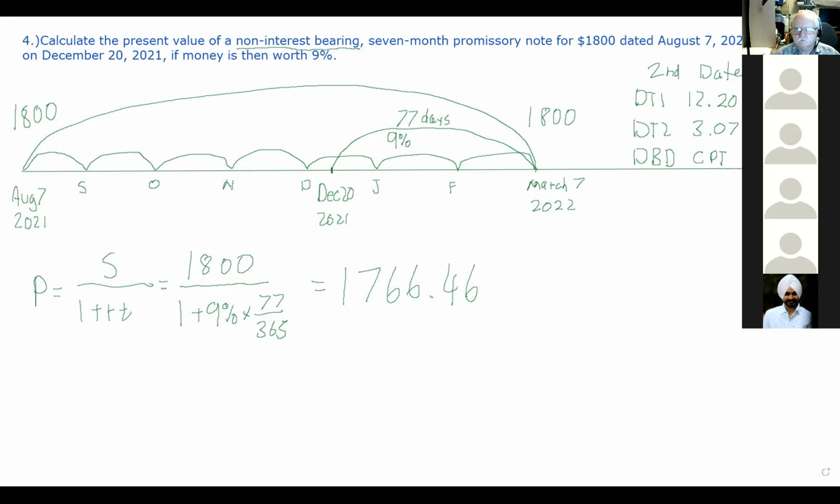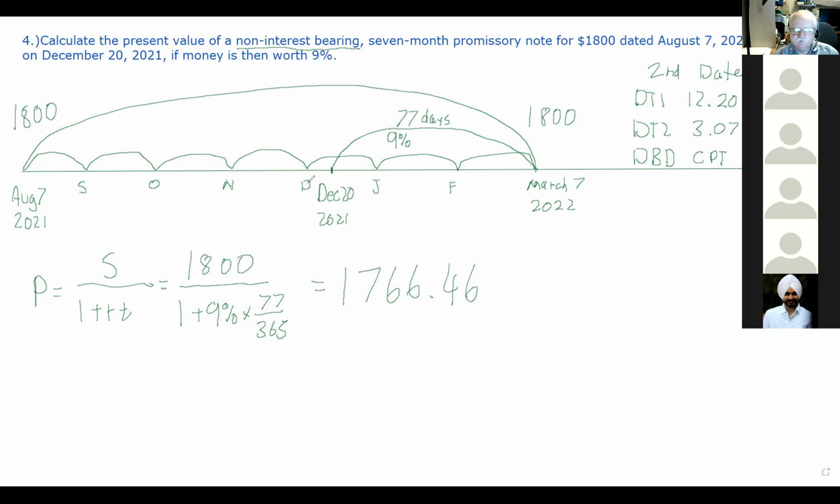So my question is that as the question demands that we calculate the present value on December 2021, why would we calculate 77 days from December 2021 to March 2022? We'd calculate the 77 days because that's how long this piece of paper will be accruing interest, right?